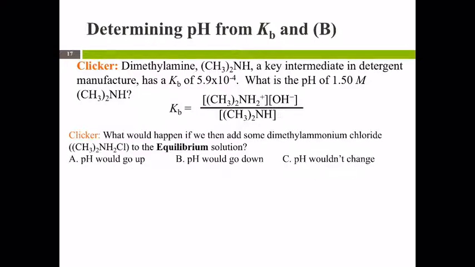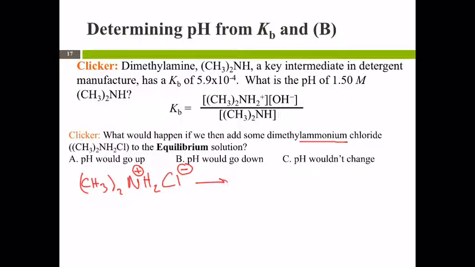So if I write out a chemical equation, I'm going to say, well, what is this thing? Dimethyl ammonium chloride. And ammonium should give us a hint that this is probably going to be the acid form. So we know that dimethyl ammonium is this guy, and then it's chloride, which is that guy.